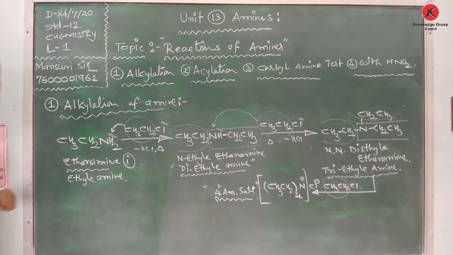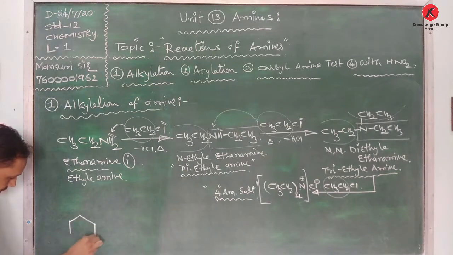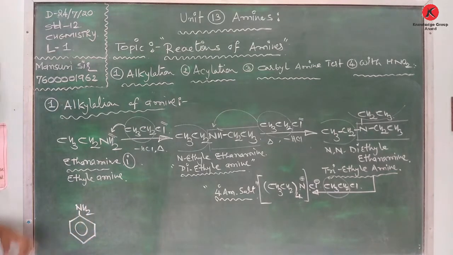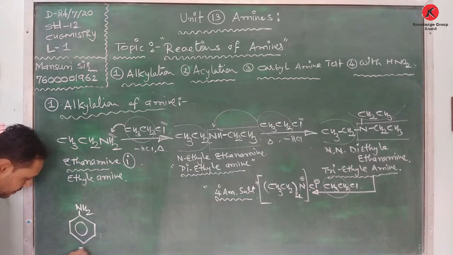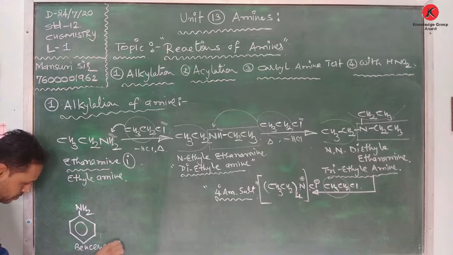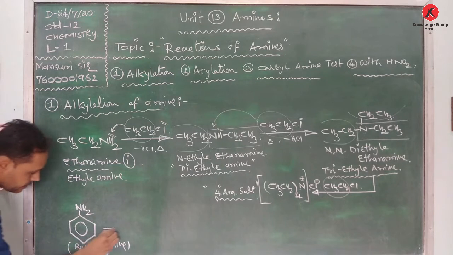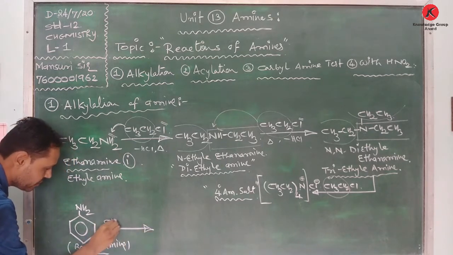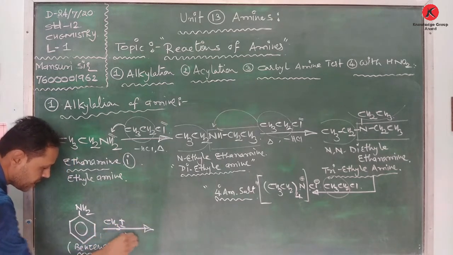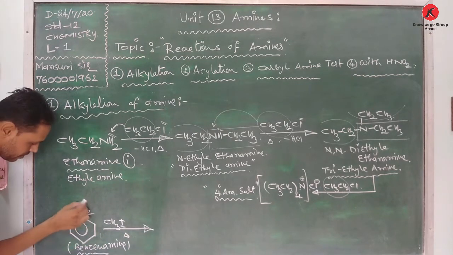Now we will take the aromatic amine, which is named aniline. This is aniline, but the IUPAC name will be benzeneamine. When benzeneamine reacts with methyl iodide, what will form?